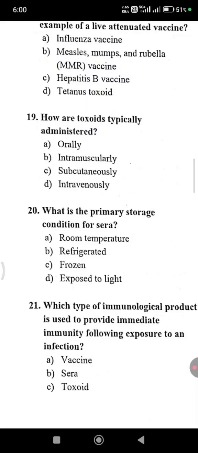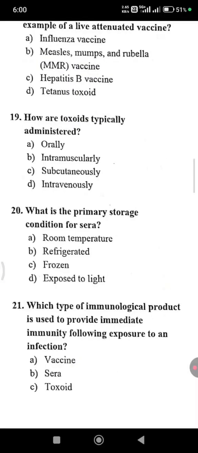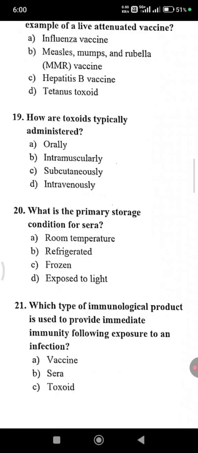That is refrigerated. Which type of immunological product is used to provide immediate immunity following exposure to an infection? That is option B, sera.